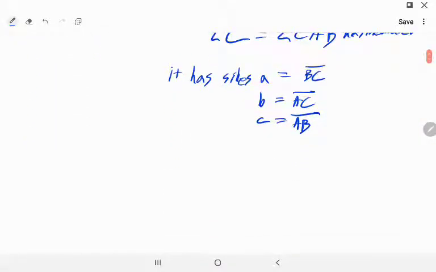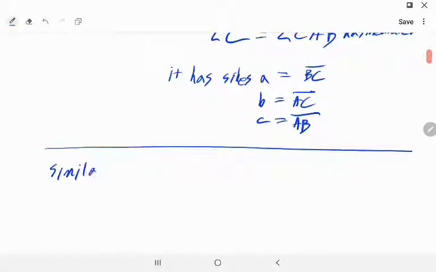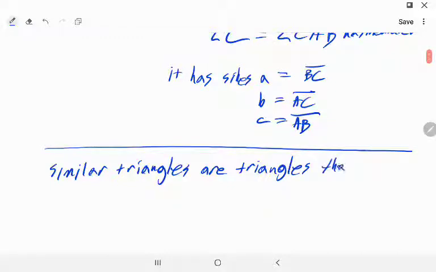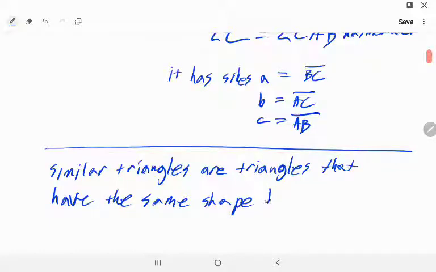So similar triangles are triangles that have the same shape but not necessarily the same size.